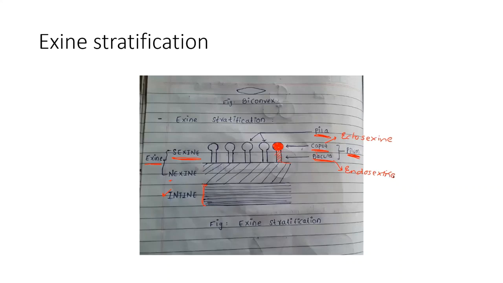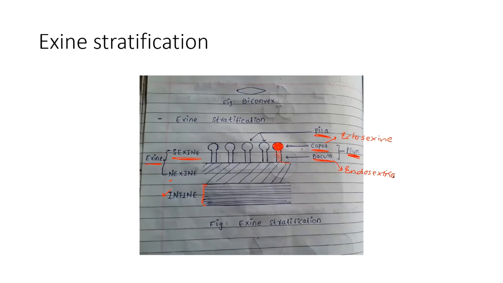I hope you can imagine the earlier structure. Exine is differentiated into ectosexine and endosexine. So here all the caputs, I'm using the plural word caputs, will represent the ectosexine, and all the bacula will represent endosexine. Now there is a possibility that either these caputs are free or they may form a group.